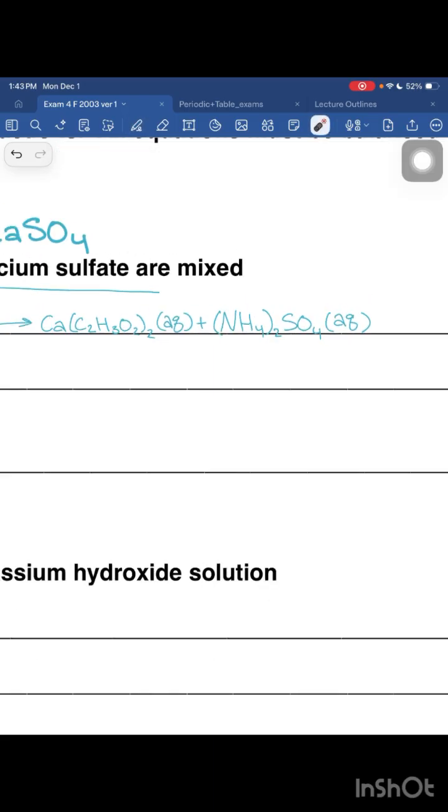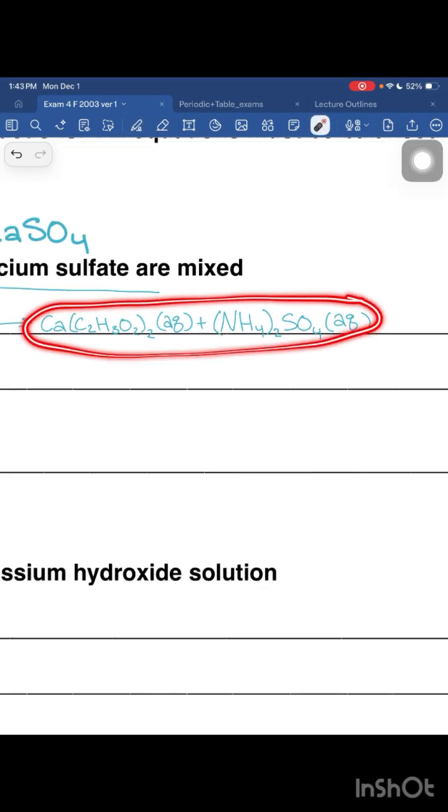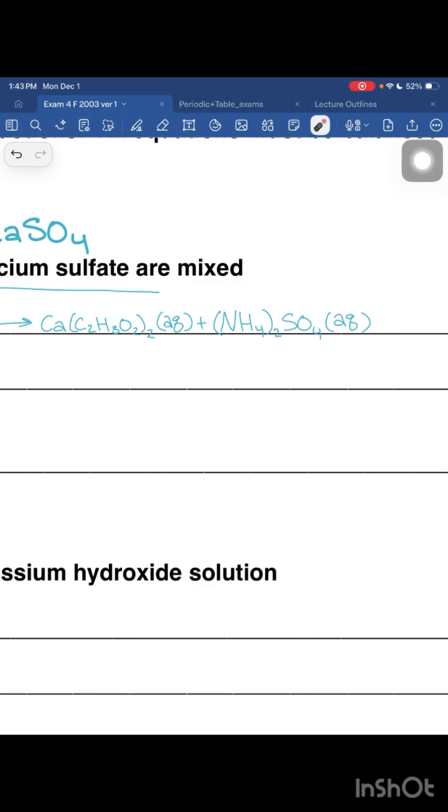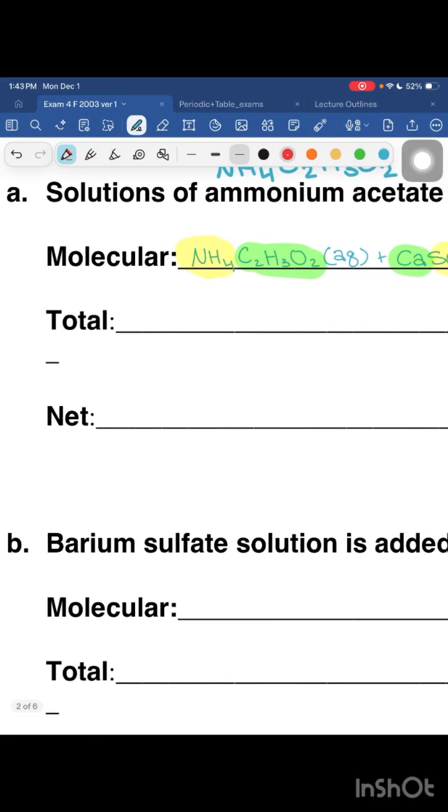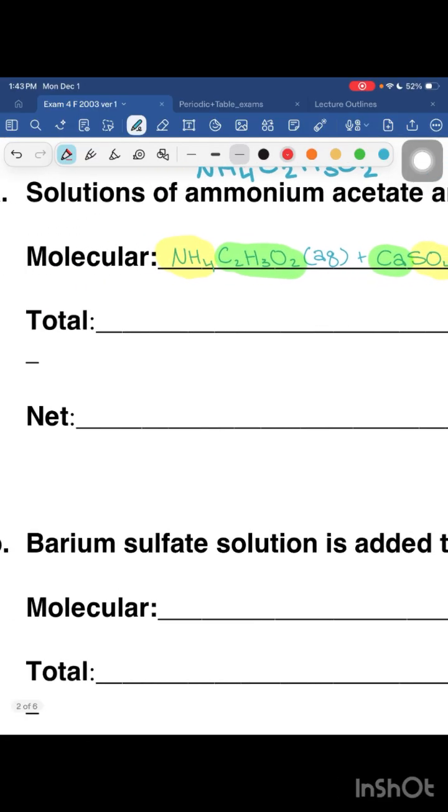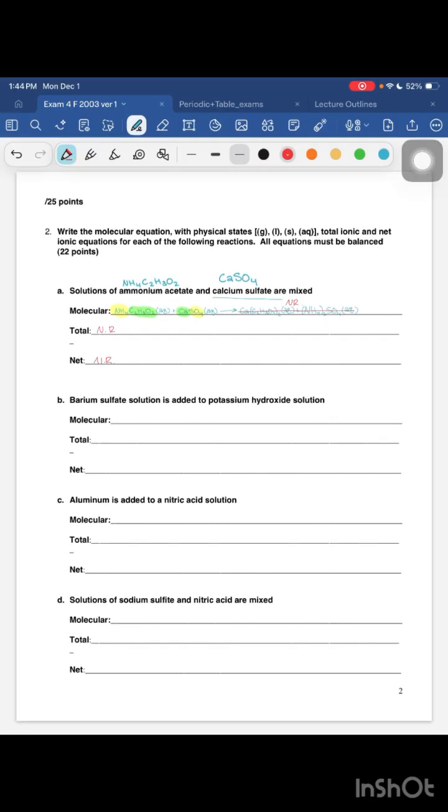If my products are 2 aqueous ionic solutions, do I have a reaction? No. This is no reaction. That means my total ionic is no reaction. My net ionic is no reaction. I don't have to do anything.